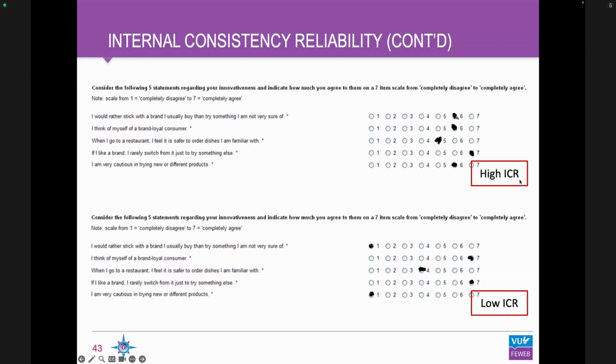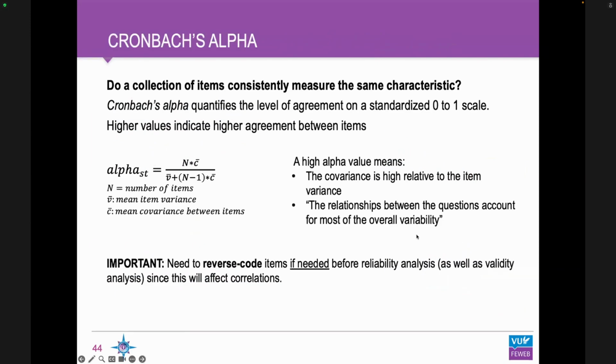So we have high internal consistency here. But in this other case, the answers are dispersed anywhere. So we don't know if this person is high or low even. We can't really distinguish if this person is high or low in the construct overall. Then this means a low internal consistency. I hope this is clear with this picture.